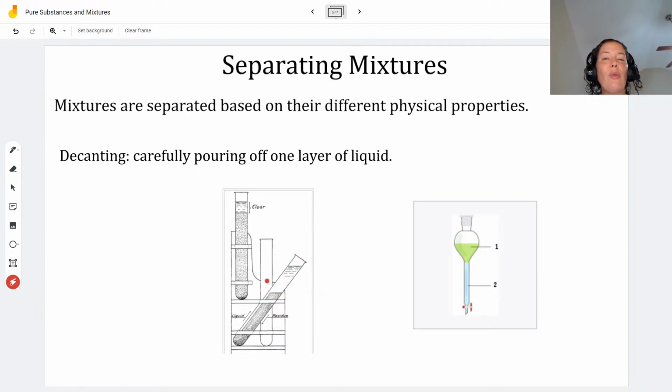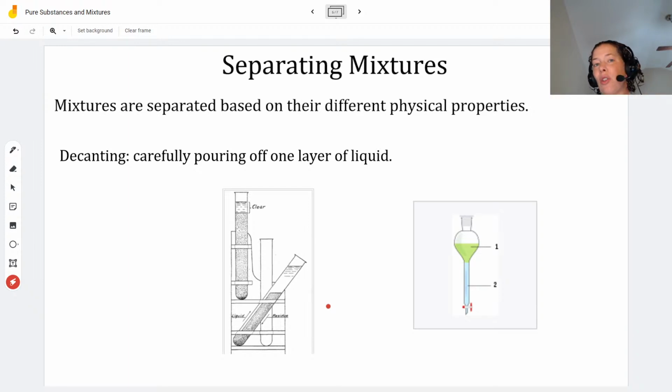This would be a situation if, say, you had some muddy water and you let it settle, and then you very carefully pour the water off, and you leave all of the sediment, all of the mud, in the bottom of the glass or the cup, or in this case, the test tube. That would be decanting.